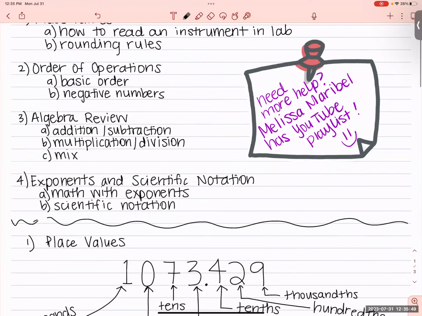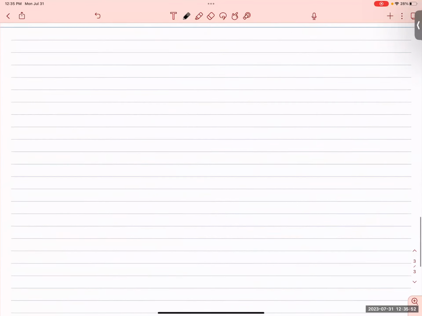And last but not least, let's talk about exponents and scientific notation.